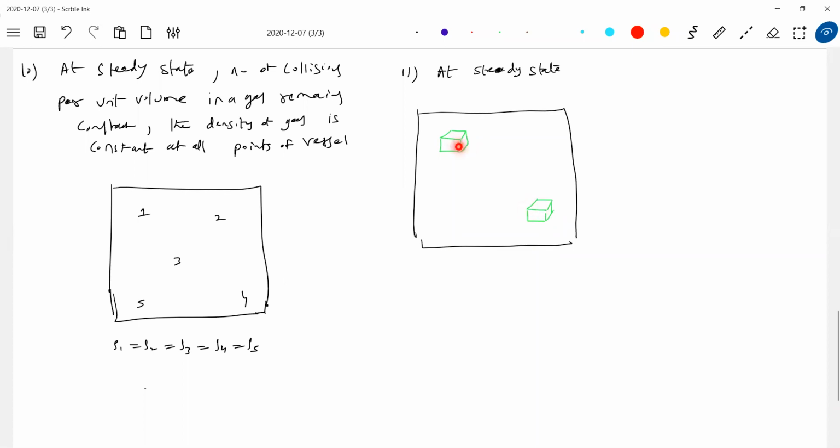So in the book he has defined what you mean by steady state: the distribution of speed of molecules is independent of space, time, and the direction also. What do you mean by steady state here?